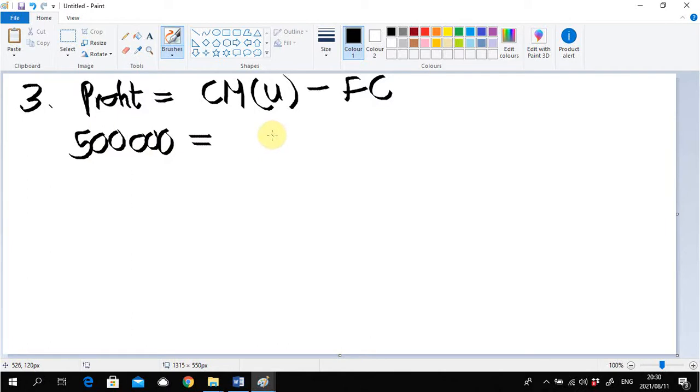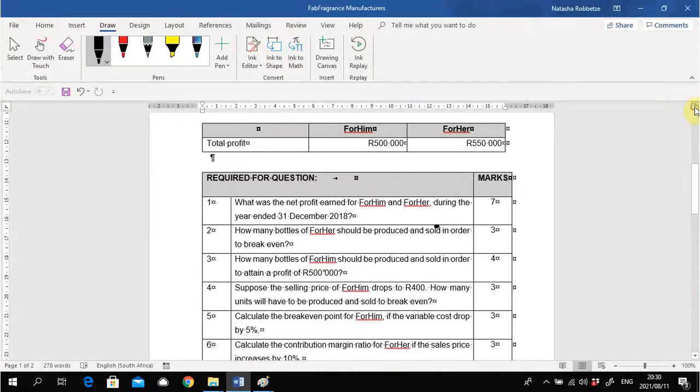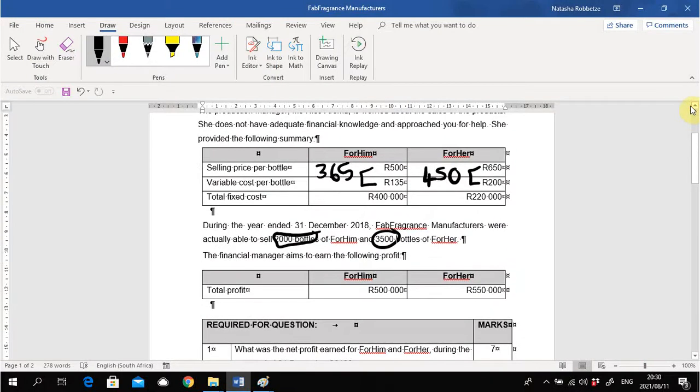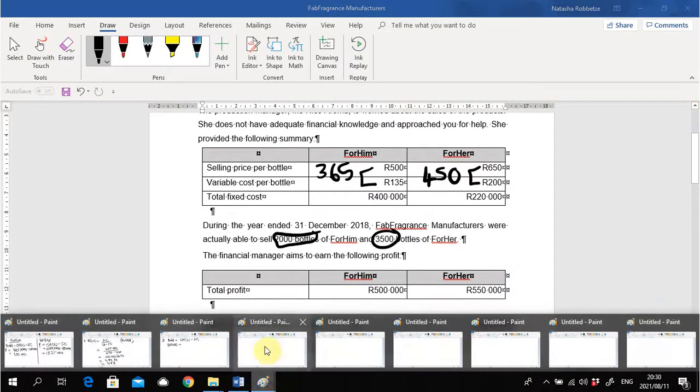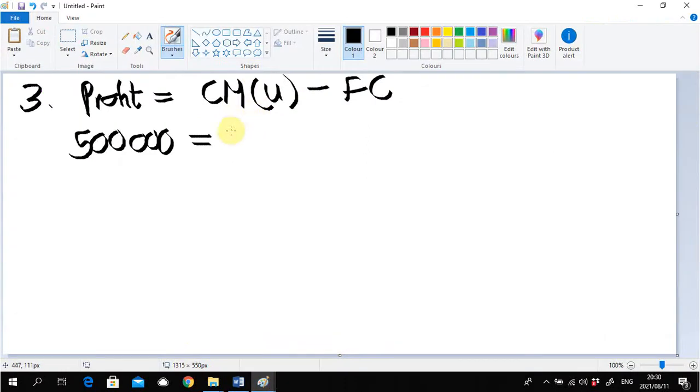We know that the contribution margin, we've calculated it for him, 365. The units we do not know, but the fixed cost for him we do know, and that was 400,000.